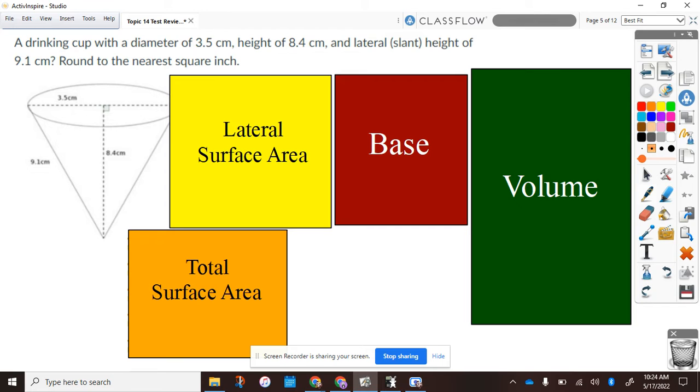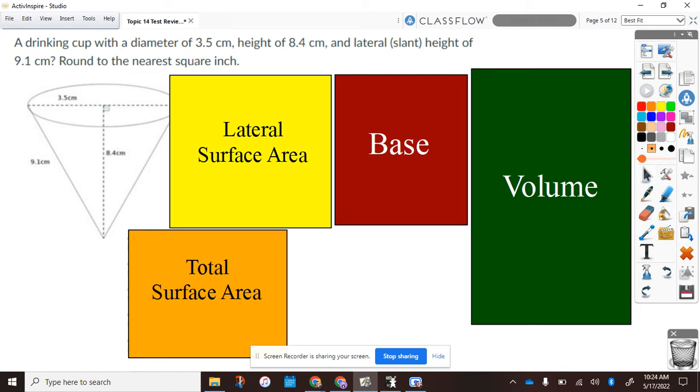Suppose you had one of those word problems asking, if you've got a paper cone-shaped drinking cup, how much paper does it take to make? How many square inches of paper? Well, you wouldn't be worried about that opening, would you? You'd only be worried about lateral surface area because the base of that paper cup is open. So you can put stuff into it.